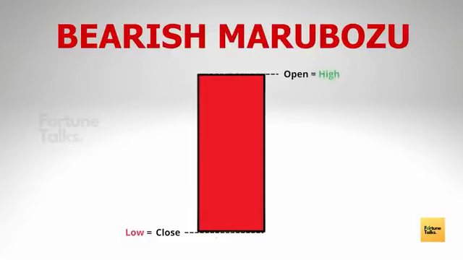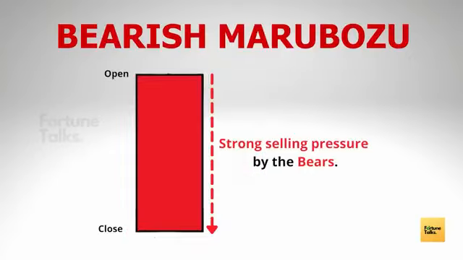In case of a bearish Marubozu, the high price and the open price coincide, while the low and closing prices coincide. The candle has a big real body with no wicks on either end, indicating strong selling and a complete lack of buying or opposition from the bulls.